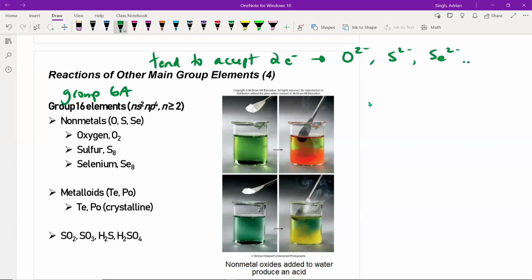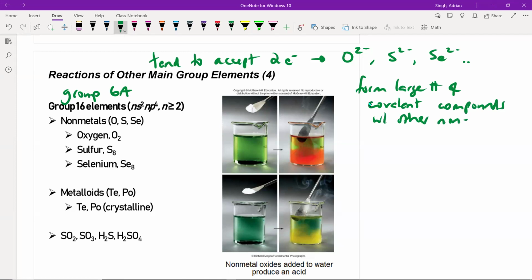So the group 6A elements typically form a large number of molecular compounds or covalent compounds with other nonmetals. Okay, so other nonmetals like to combine with these, and there's actually a huge variety of compounds that are created.